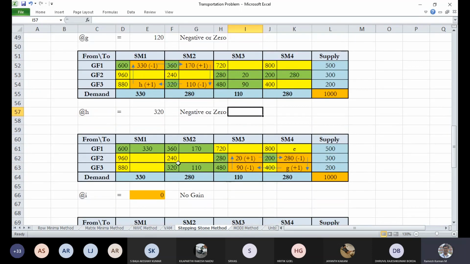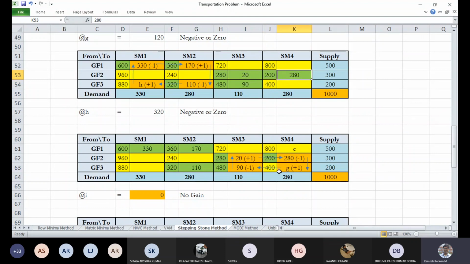Another allocation, you can take a look at this pretty closely, which means that this particular cell G forms a closed loop here. So 90, then 20, and 280. So this will become positive, this will become negative, and this will become positive, and this will become negative, right? So it's a closed loop here, right?